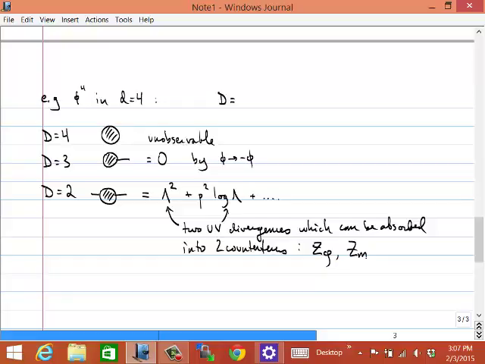And those 2 counter terms are set by 2 physical conditions, namely that the propagator has a pole at p squared equals m squared, and that the residue of the pole is equal to 1.